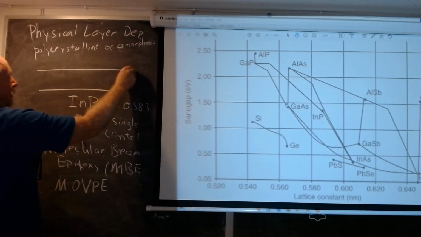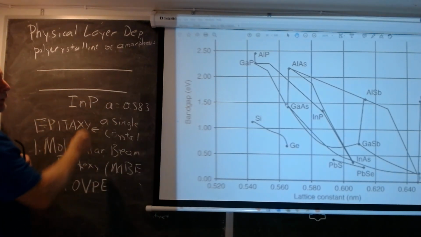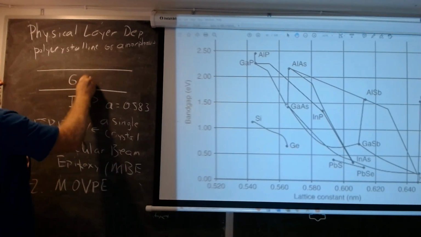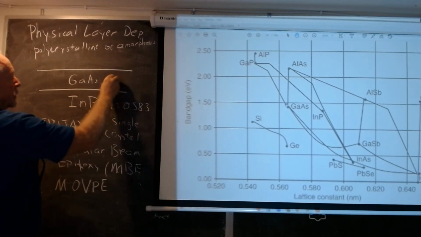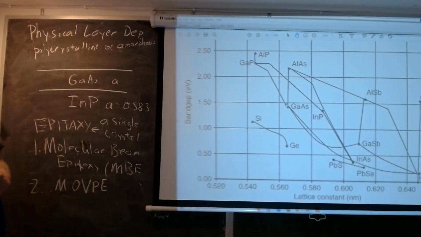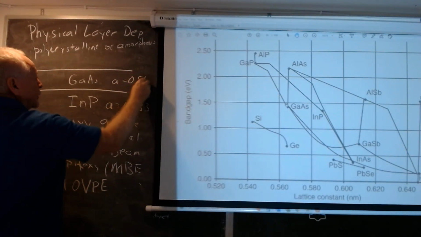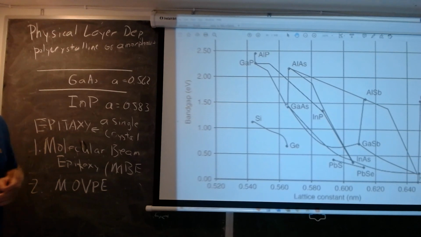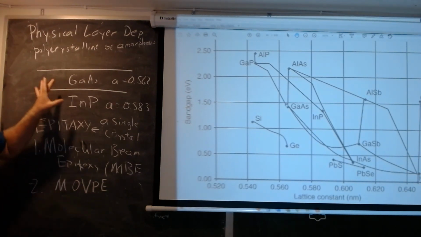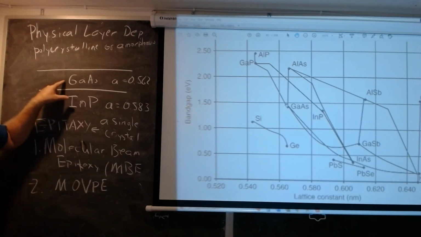All right, now, if I try to deposit gallium arsenide, its lattice constant you can kind of read off there is 0.5632 or something like that. All right, now you can do this. You can deposit now.